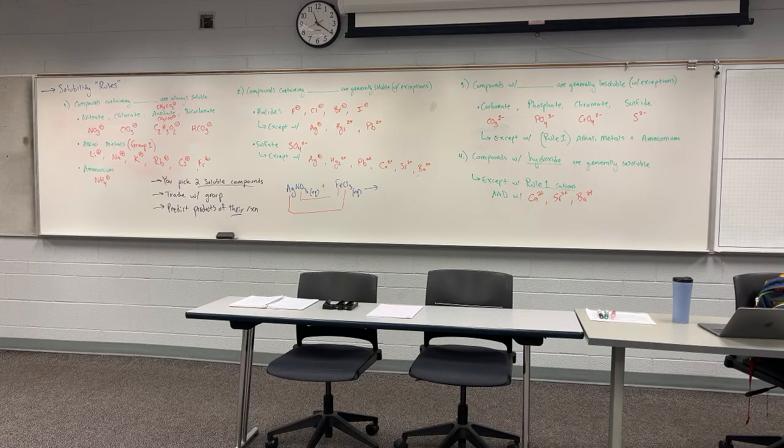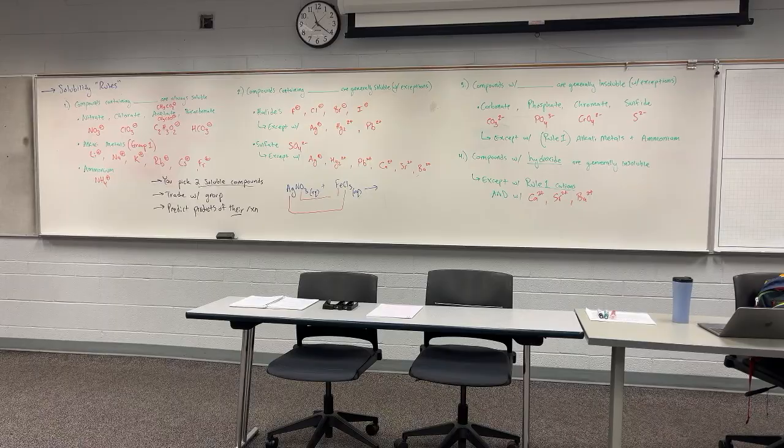What about sodium bicarbonate? Both are always soluble. What about silver chloride? Silver chloride is an exception to chloride solubility. So silver chloride precipitates. This is a precipitation reaction, which means now we can actually do a complete ionic and a net ionic equation.